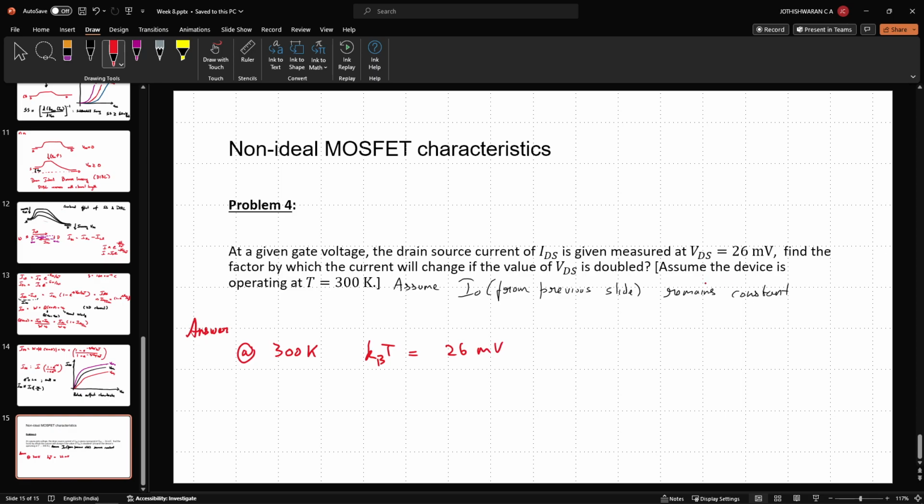That is why I said VDS is 26 millivolts. Sorry, milli electron volts. So Q times 26 millivolts will correspond to 26 milli electron volts.